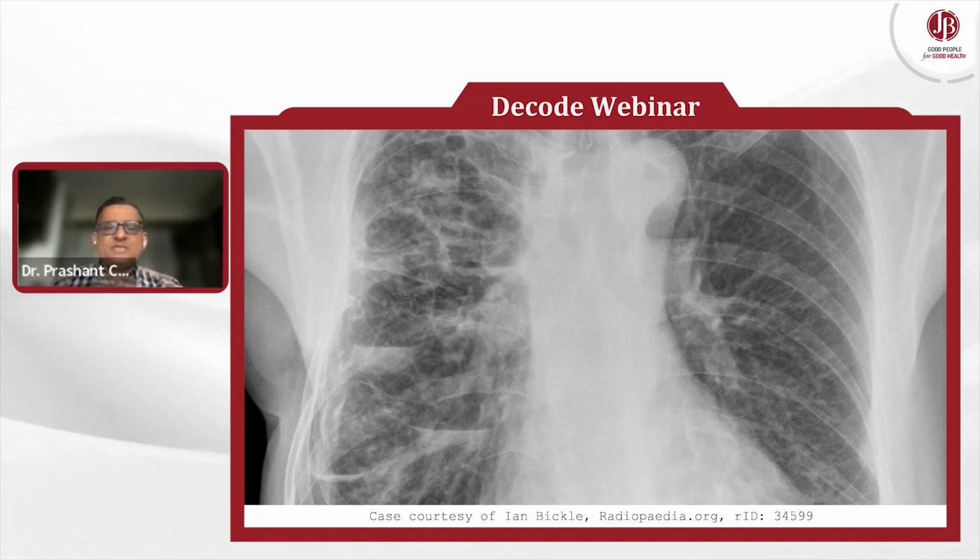If you look at this X-ray here, you will see that there are these cystic areas in the right upper lobe. If you see here, the left side is comparatively not affected, but here clearly see in the right upper zone and also in some areas of the right mid zone, there are abnormal areas. And can you see an air fluid level here?